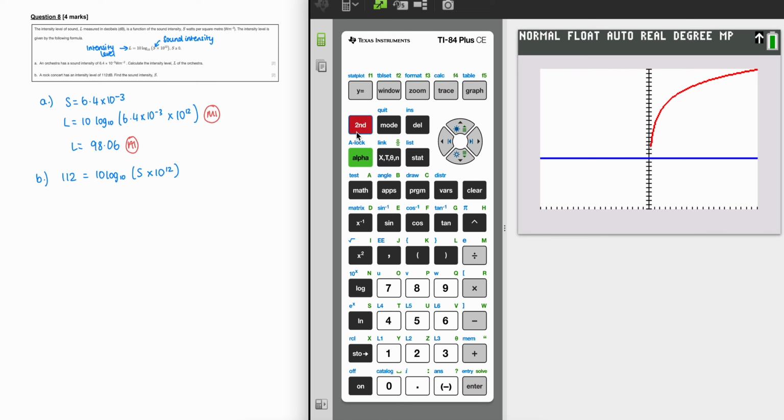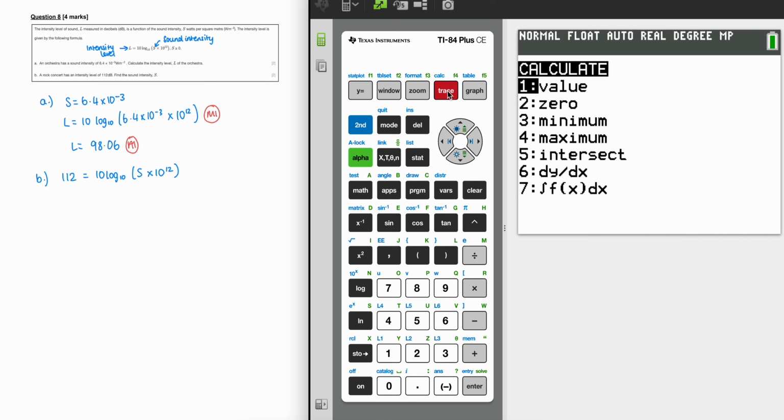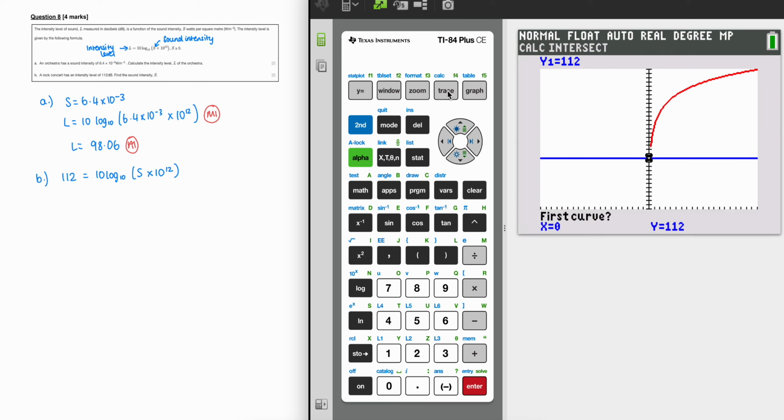So to do that, we're going to do second function trace, which gives me my calculations, and I want to find the intersection of the two. So one of them is going to be here, and then the second curve, there we go.